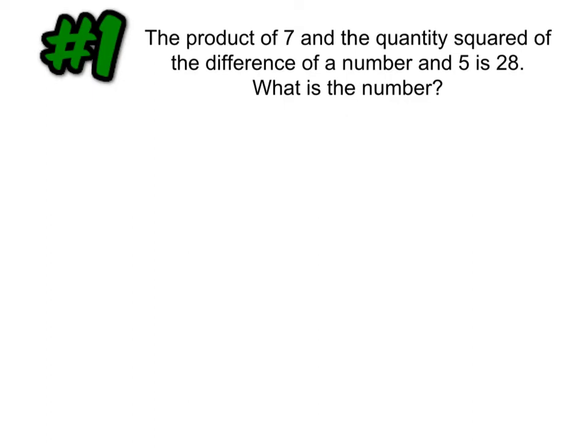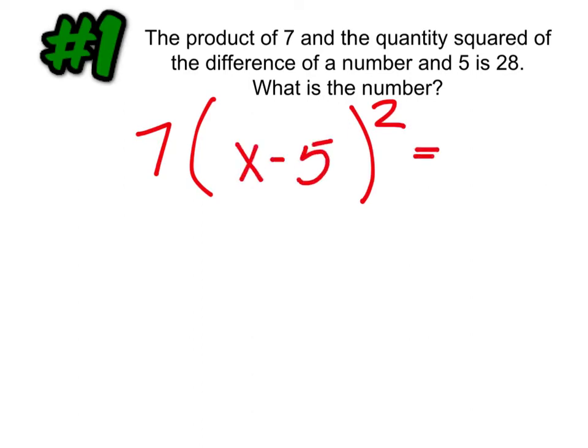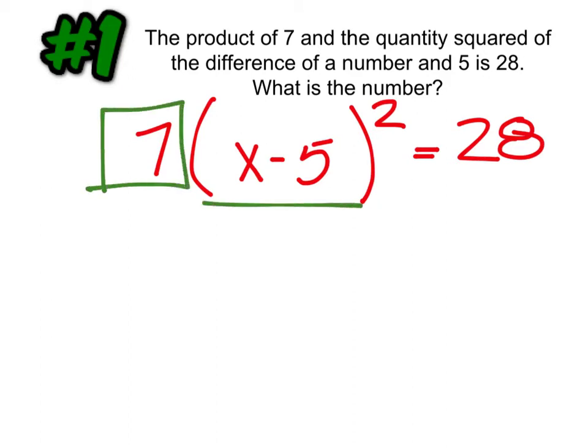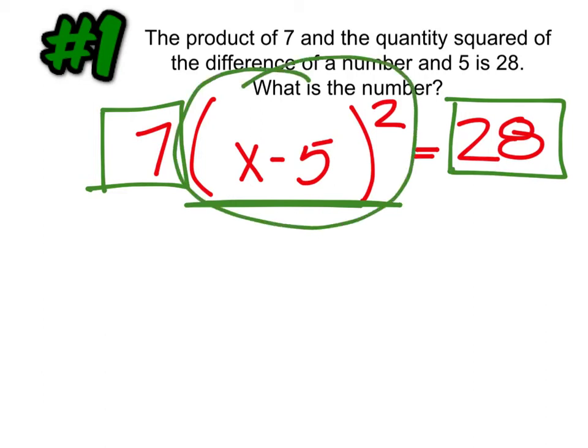The equation you have to set up is 7 times the quantity squared of x minus 5. Close the quantity and set it equal to 28. I have to multiply 7 by some number to get 28. What do I multiply 7 by to get 28? 4. That means this must be 4.